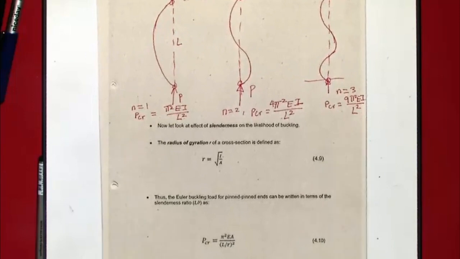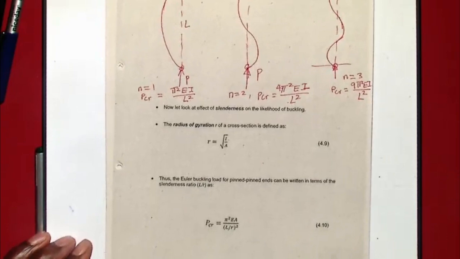So now, let's go into how we decide whether this type of failure mode is likely to occur instead of the yielding of that structure. That will depend on whether the beam is considered as being slender or as being short. One parameter which we will need is what is called the radius of gyration, which I'm going to define now.